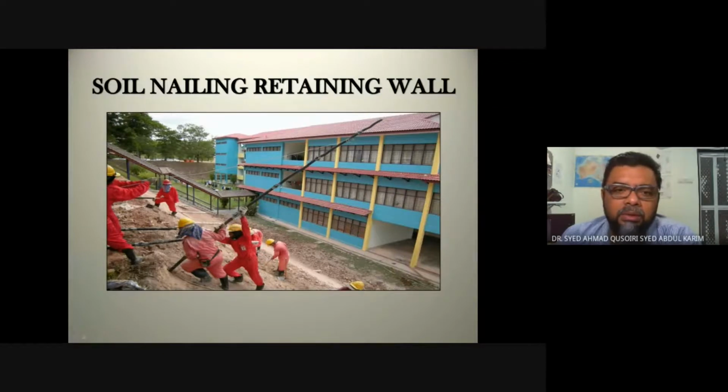There will be a lot of trucks coming in and out, and the construction process would take a very long time. So this is a good solution to further reinforce this slope without disturbing the neighborhood as much.